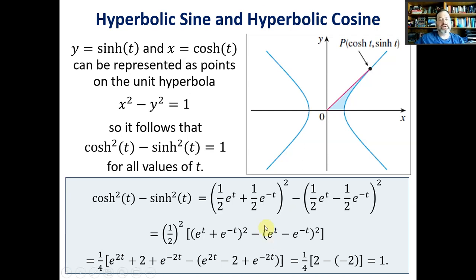Here's the proof down here. You just plug in the definitions and square everything. I factored out the 1/2, and you've just squared or FOILed everything out. It turns out everything cancels except the 2's. So you get 2 minus negative 2 is 4, and 1/4 of 4 is 1.